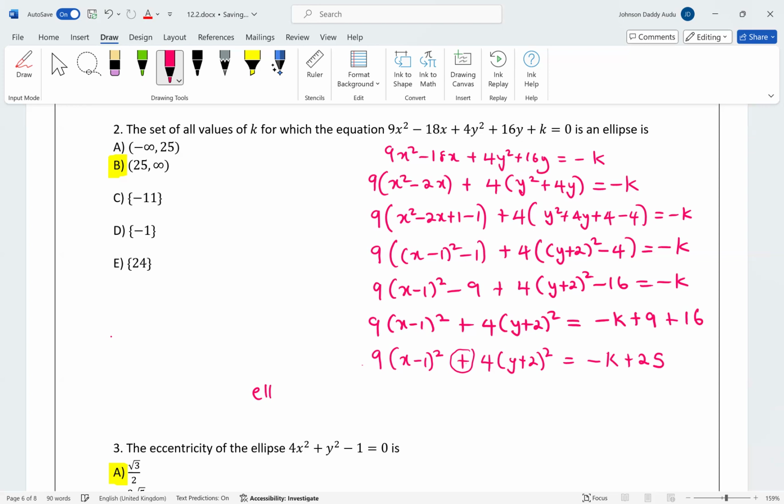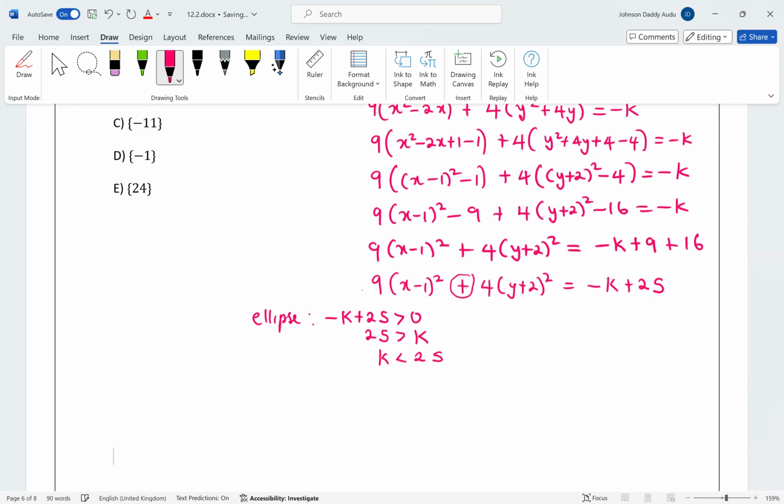For an ellipse, you need minus k plus 25 to be greater than 0. It simply means that 25 is greater than k, so k is less than 25. So the answer is actually A.